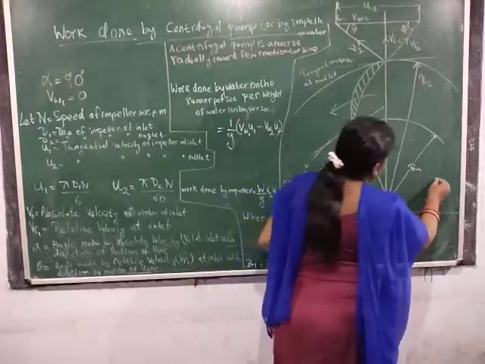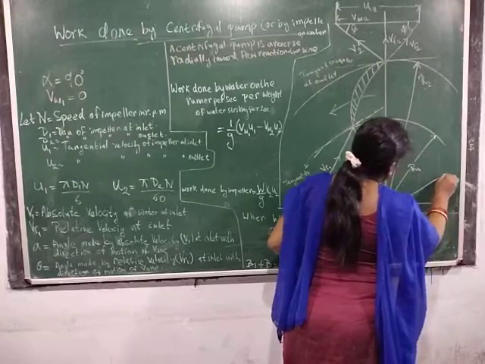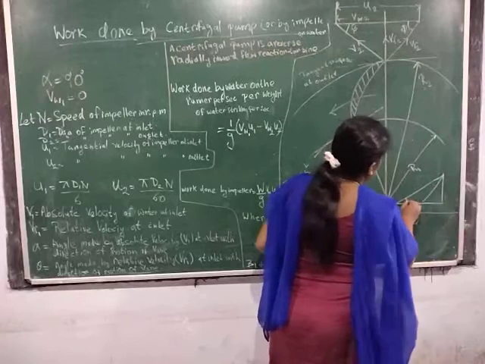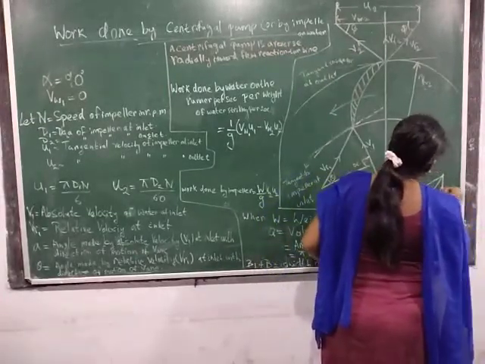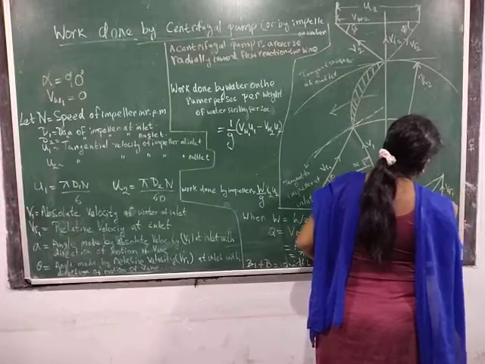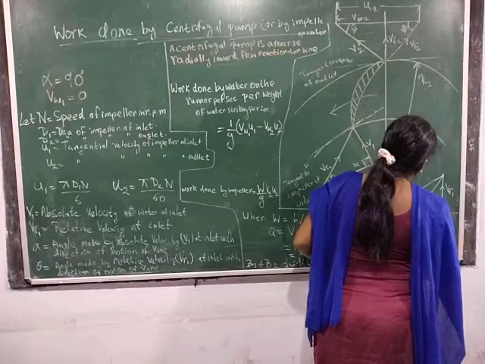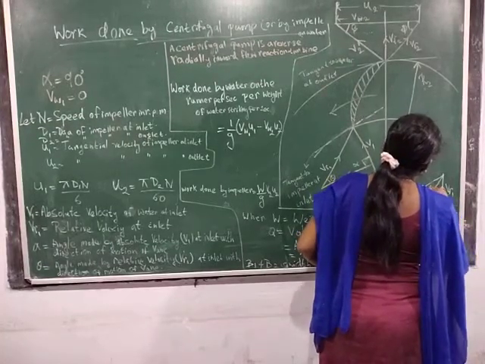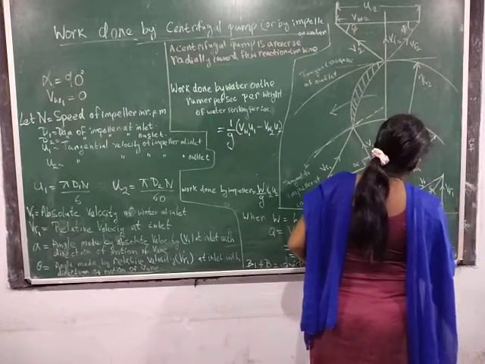As you have already seen in the previous velocity triangle of a turbine, this was your alpha, this was your Vf1, this was your Vw1, this was your Vr1, this was your V1, and this was your U1.